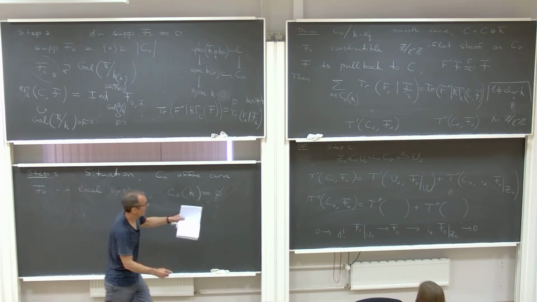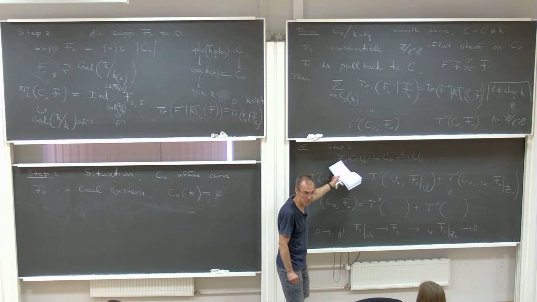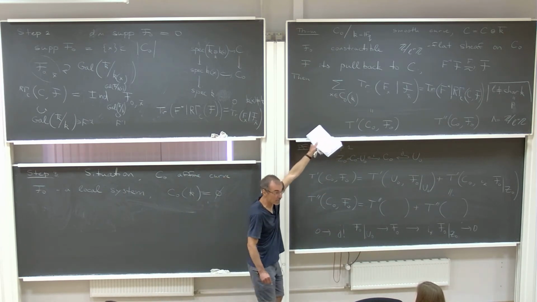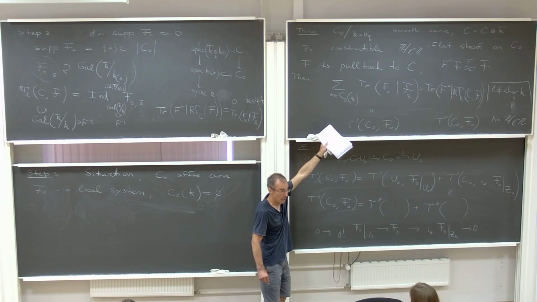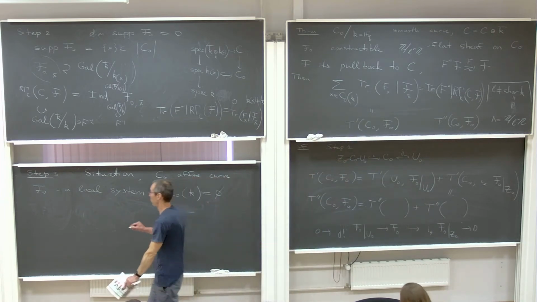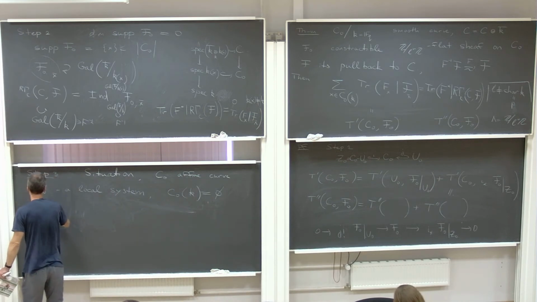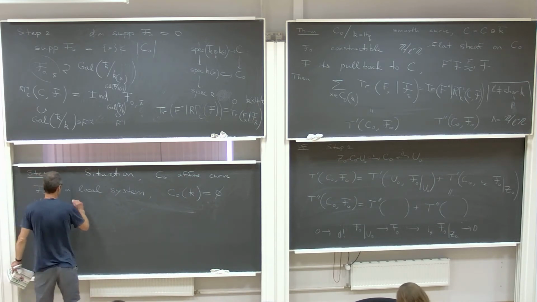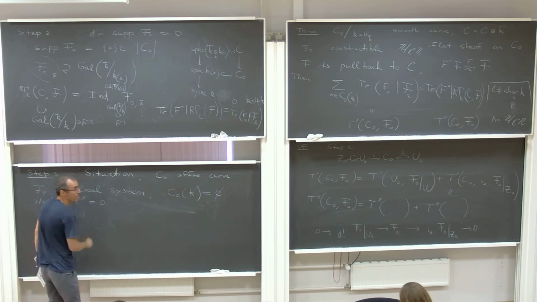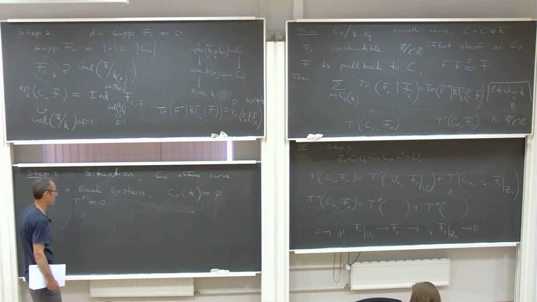Because I can add them to Z0. So in this case, the left-hand side of the formula is 0 tautologically, because this set is empty. So what we want to prove is that, in this case, T double prime is equal to 0.